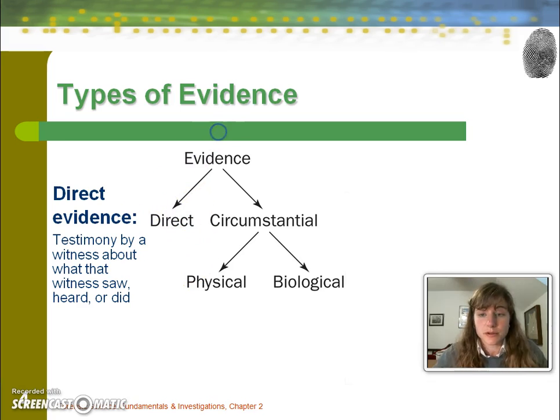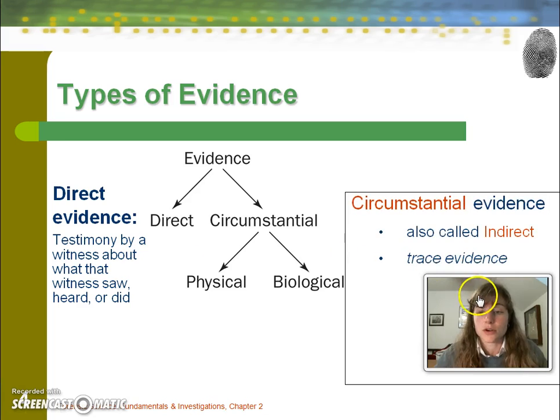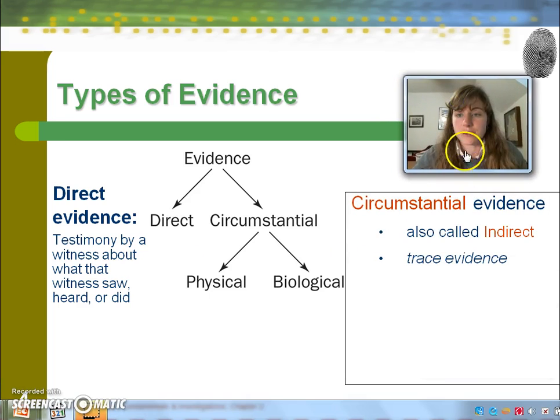So where possible, investigators definitely prefer to at least have corroborating circumstantial evidence. So circumstantial evidence is in contrast to the direct or eyewitness testimony, and circumstantial meaning that it has been left there by circumstance through Edmund Locard's principle of exchange.